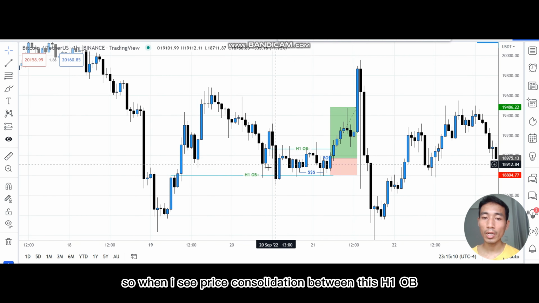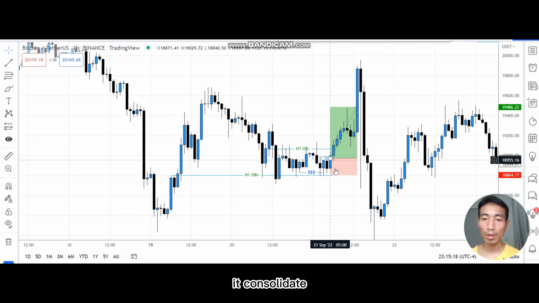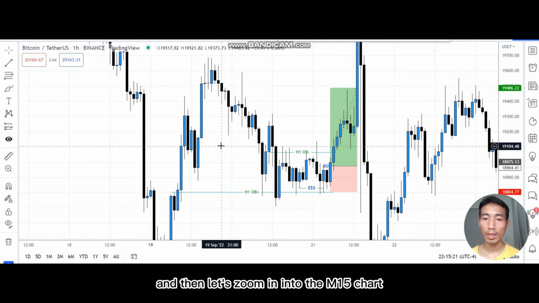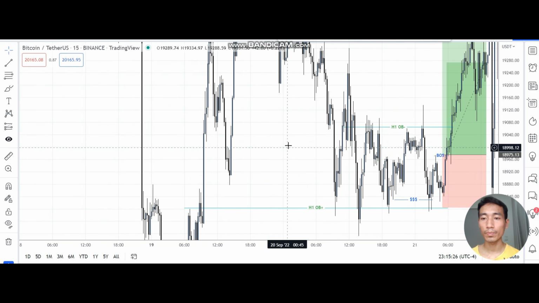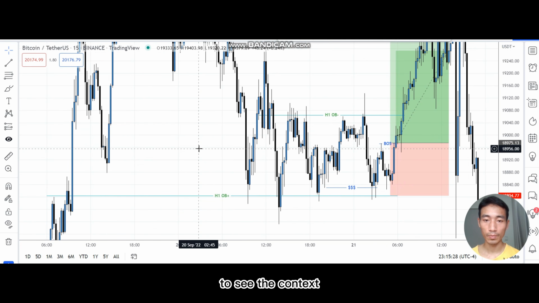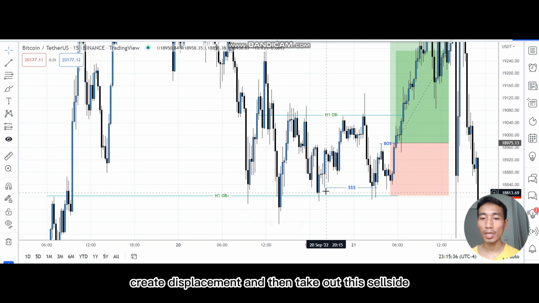So when I see price consolidation between this 1 hour order block and this 1 hour order block up here, it's consolidation. Then let's zoom into the 15-minute chart to see the context. Price takes out the buy side liquidity right here, creates displacement and takes out this sell side, this swing low.